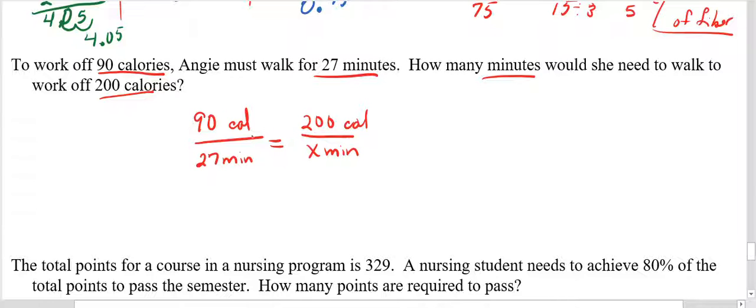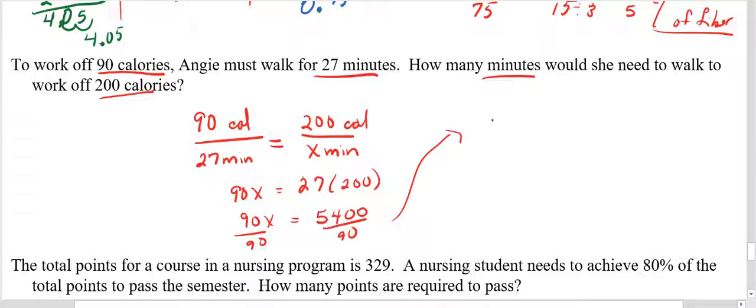So I'm going to cross multiply 90 times x, so that gives me 90x. And then 27 times 200. So 90x equals 2 times 7 is 14, so it's 5,400. Divide by 90.